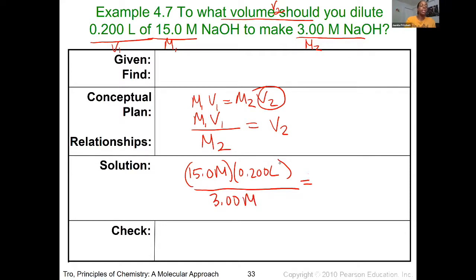In this case, I'm expecting that my V2 should come out much larger than my V1, because I've taken some small amount of my concentrated V1 and now I'm diluting it to a much larger volume. If we take 15 times 0.2 divided by 3, that gives us 1.00 liters is what we would need to make this solution.